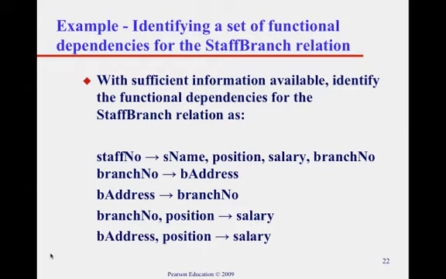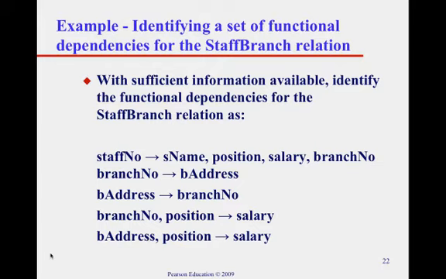Maybe Paris is a more expensive city, so we have to pay our people more. But it might come out either in the interviews, or you might figure it out by looking at the data and then confirming that the branch number plus the position determines the salary, and then similarly that the branch address and the position determine a salary.